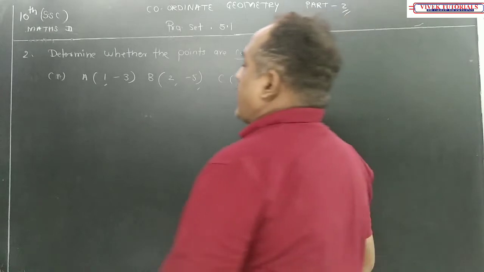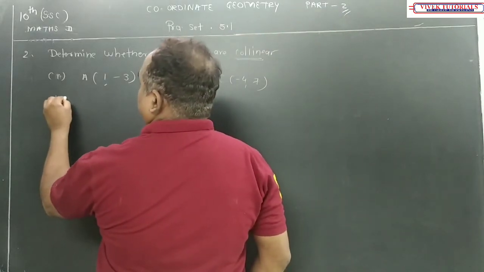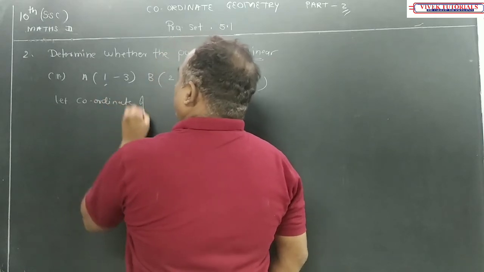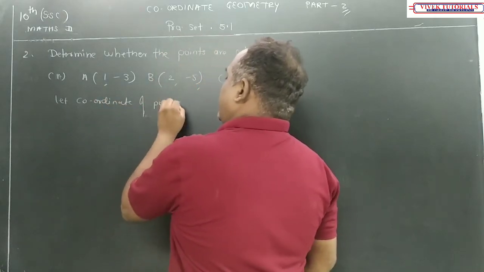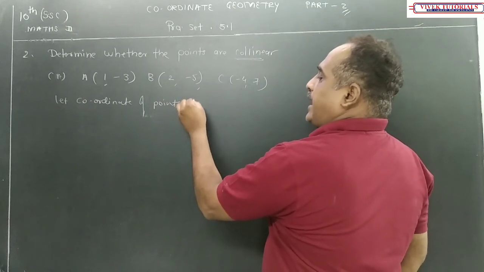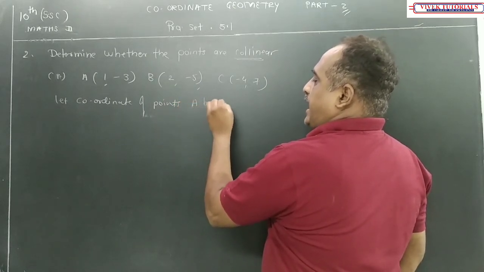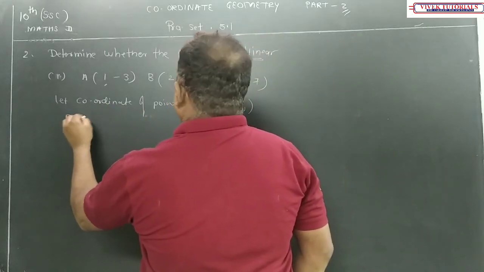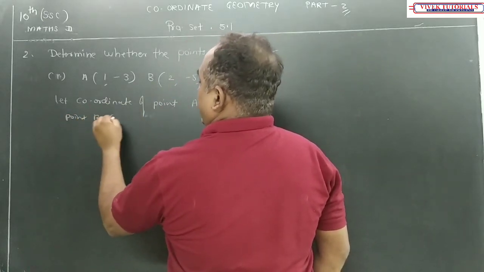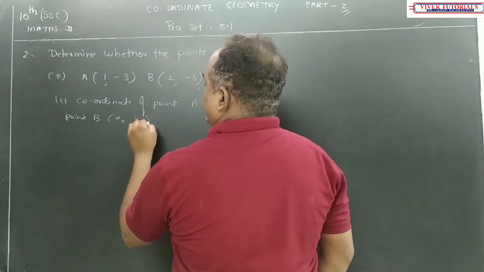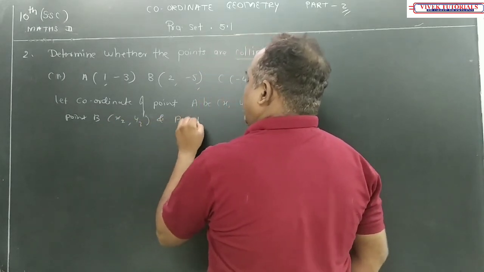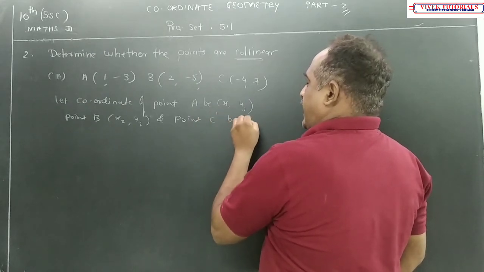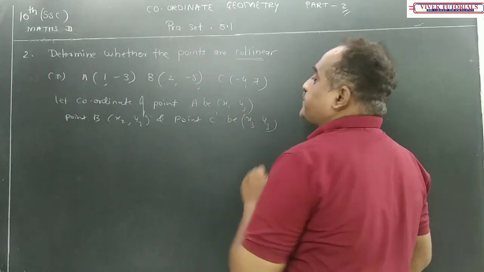So what I'm going to do, let the coordinates of points A be x1, y1, point B be x2, y2, and point C be x3, y3.